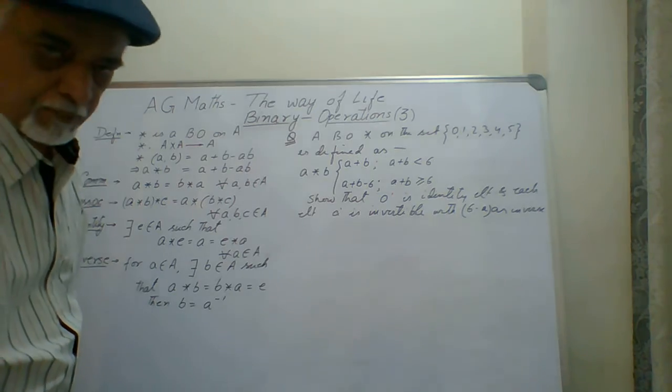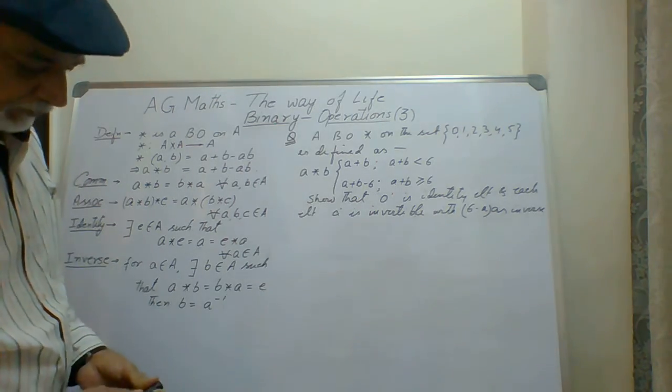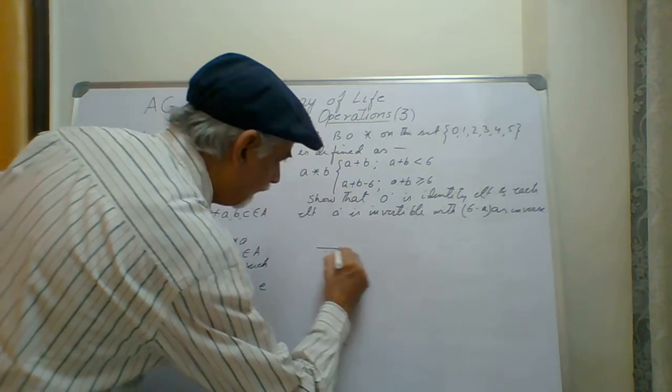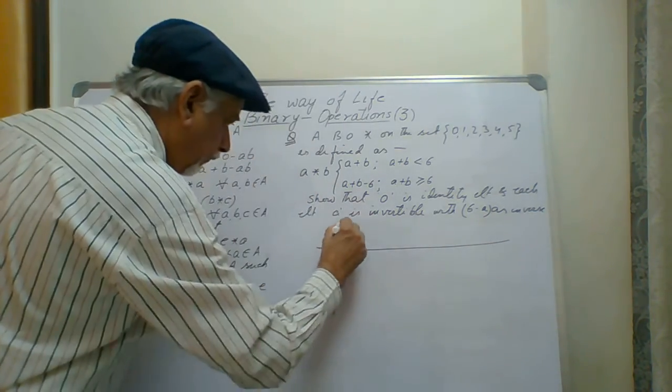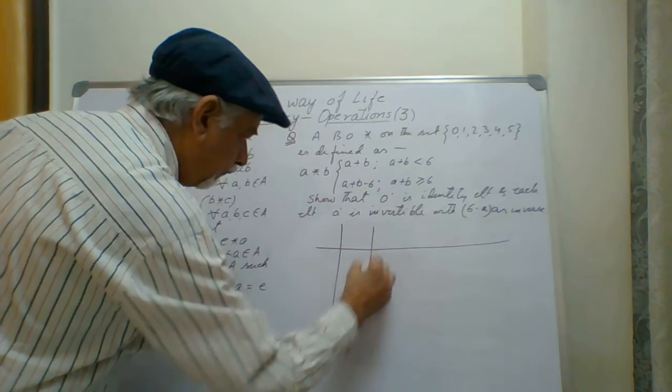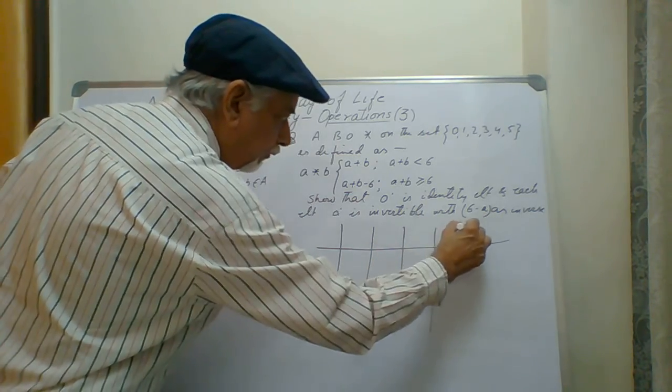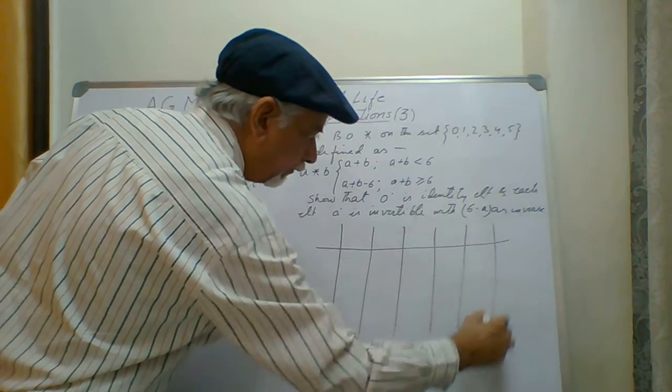So this we will solve by a table. So let me draw the table for you. 3, 4, and a 5.